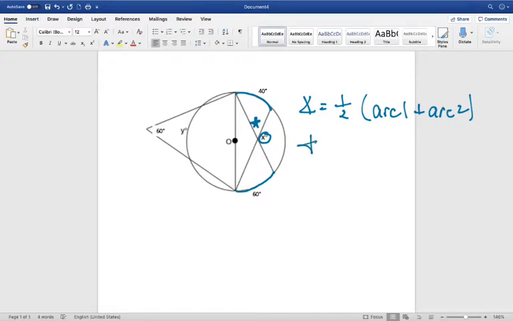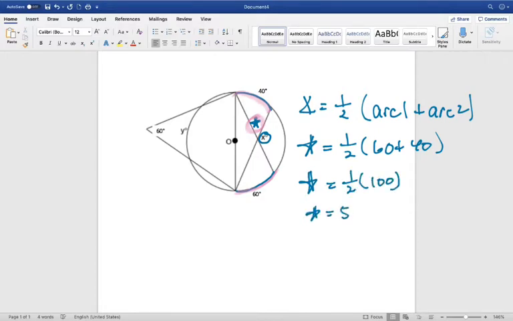So if I want to get the angle with the star, I'm going to do 1/2 and I'm going to do 60 plus 40. That's adding this arc right here and this arc right here to get this angle. Okay, so to get the star angle, I'm going to do 1/2 times 100, which gives me that star angle is 50.